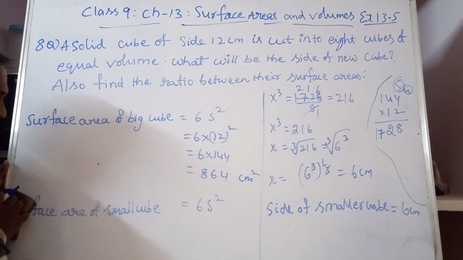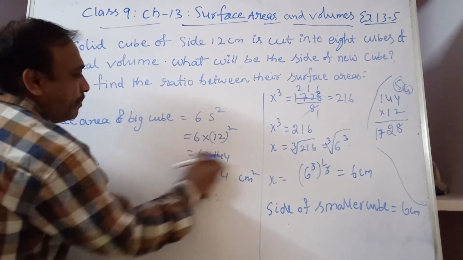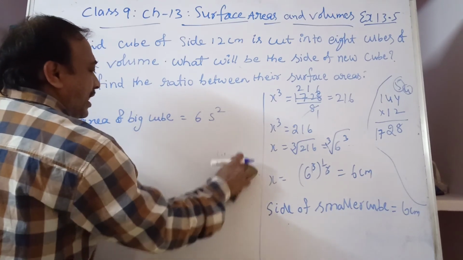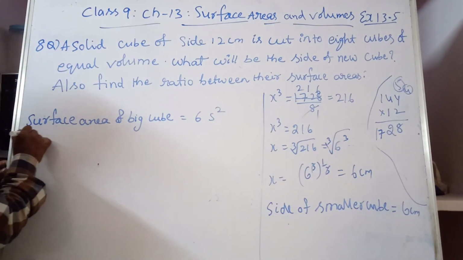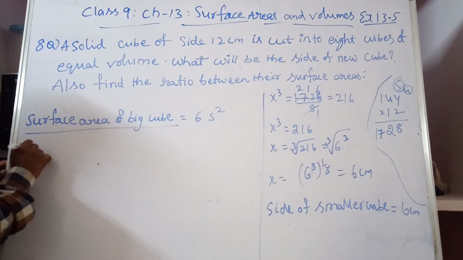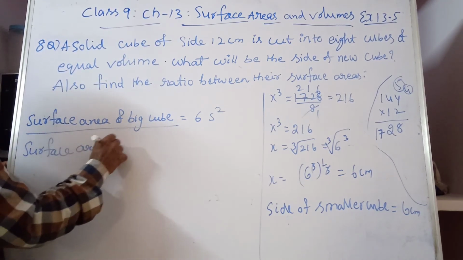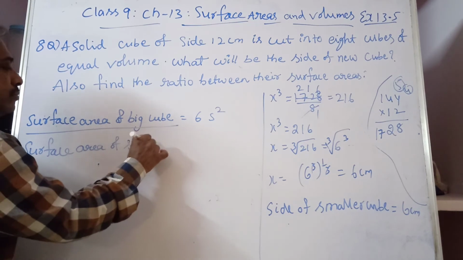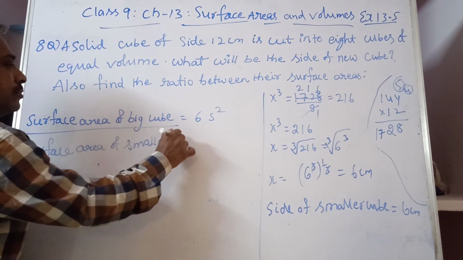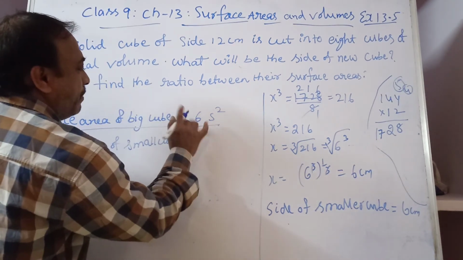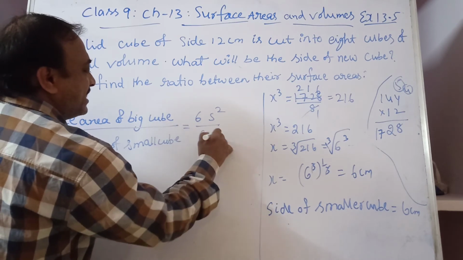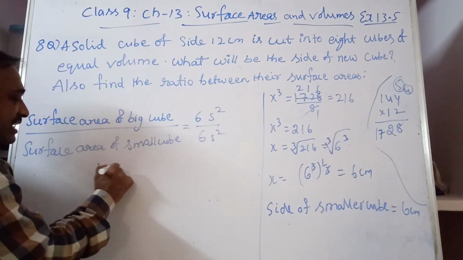In spite of doing it like this, we can do it in another way also. Surface area of the big cube by surface area of the small cube. Here also the formula is the same, that is 6s square, but the only difference is the side.